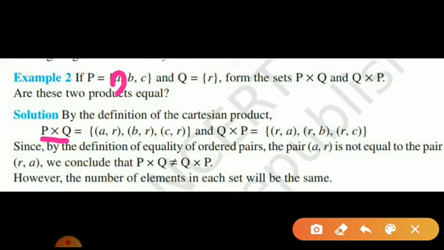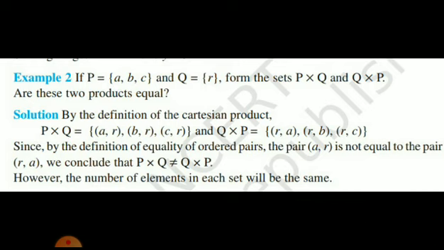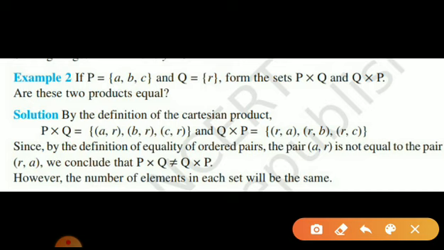Now in this case, my second element is always constant, because while finding P cross Q, the second element will always be a member of Q. And here your Q is a singleton {r}. So we have got here P cross Q as, keeping a fixed first, then r: (a, r), (b, r) and (c, r).